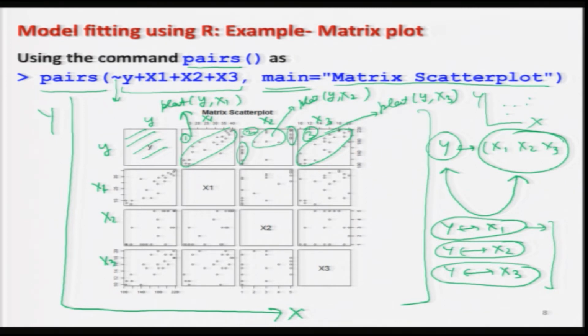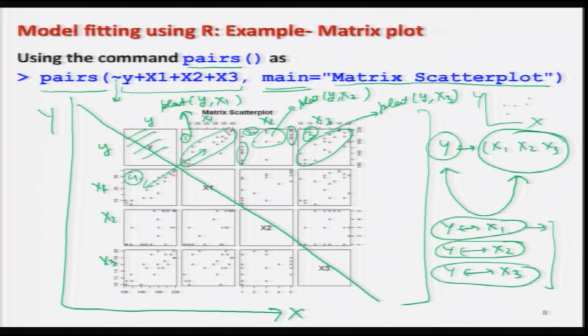Now, before I try to conclude, let me give you the interpretation of all the other blocks also. If you make a diagonal here, then this matrix plot is symmetric. This means that if you look at block number 1 and block number 4, it is the same thing. The only difference is that x and y are interchanged, that is all, right.